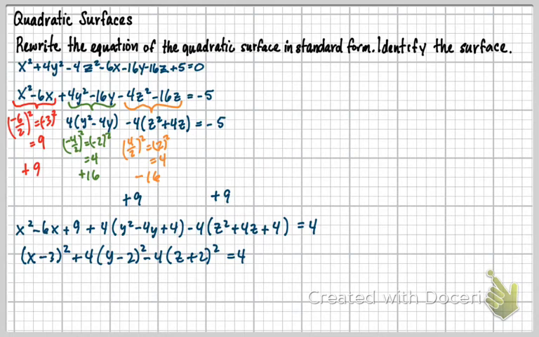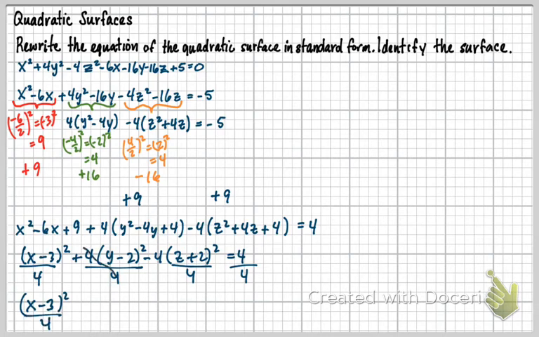So now my last step is I got to divide by 4 everything. Because to be in standard form, this has to be a 1 on the other side. So I have to divide by that 4. Okay, so this is going to be x minus 3 squared over 4.